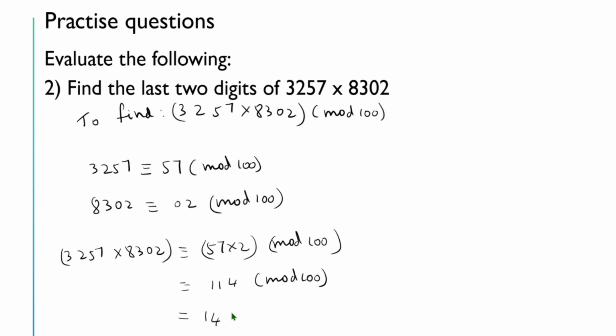Or even otherwise, any number mod 100 will give the last two digits of the number. Here the last two digits is 14. So the answer for the given question is 14. The last two digits of 3257 into 8302 is equal to 14.